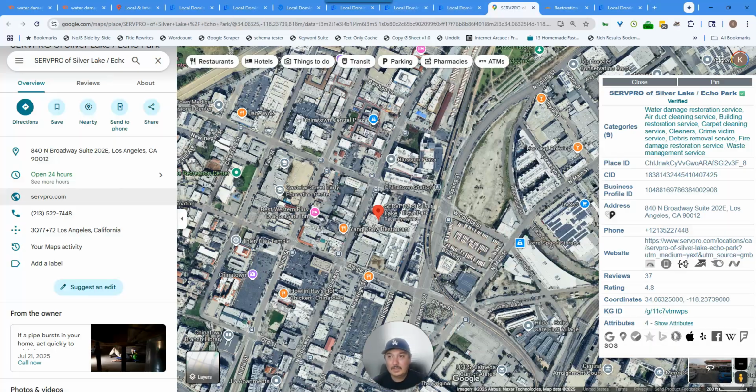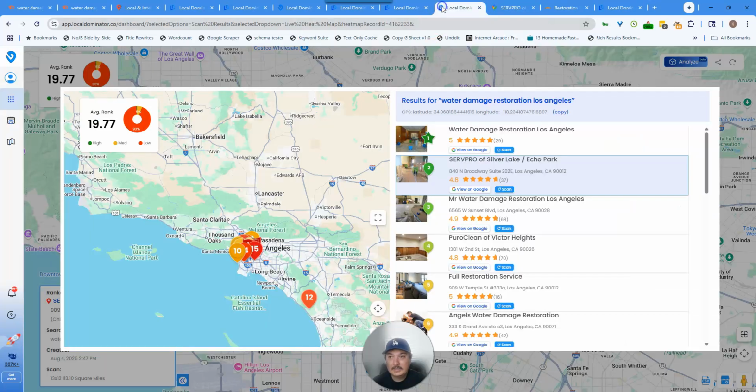One thing that Local Dominator does not do is give you information on backlinks. That's still something you need to do with something like Majestic or Ahrefs or whatever your favorite backlink tool is. It does not do this. This really only shows you GBP optimizations that you yourself can do and on-page SEO optimizations, but for that you would still need to have a little bit of knowledge of on-page SEO to see what they're doing.